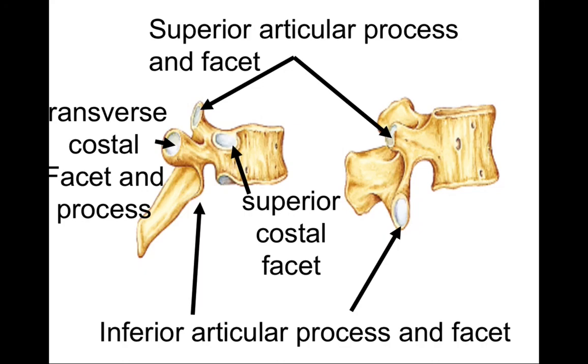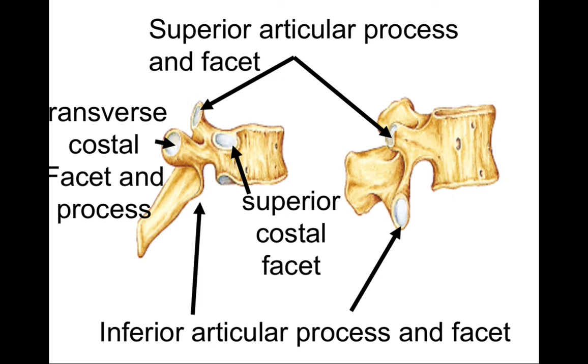So what we need to understand about vertebrae is that they're going to be forming lots and lots of articulations with each other as they're stacking on each other and also articulating with the ribs. Each vertebra is going to have a superior articular process and a superior articular facet that sits on the superior articular process. And we'll also have an inferior articular process and an inferior articular facet that are arranged just the same way.